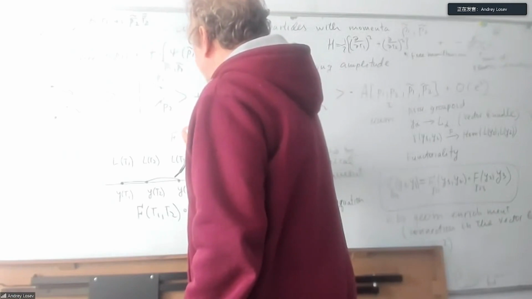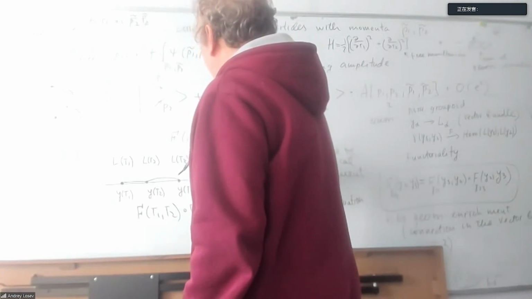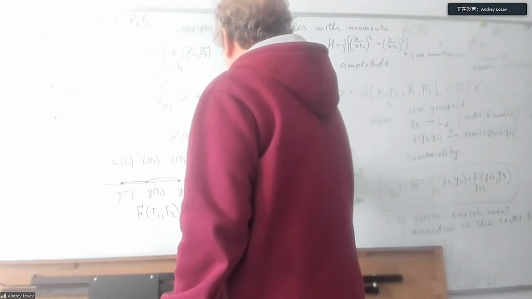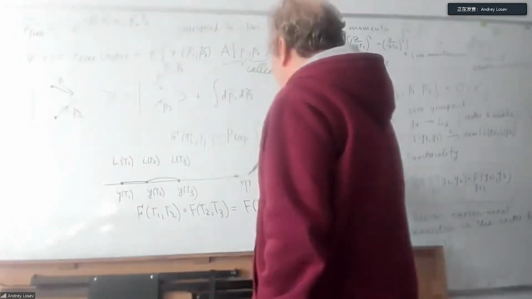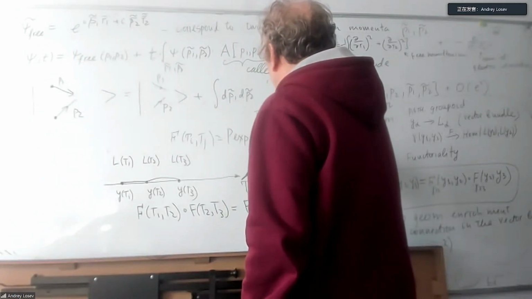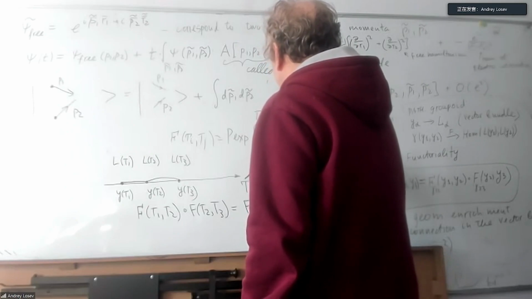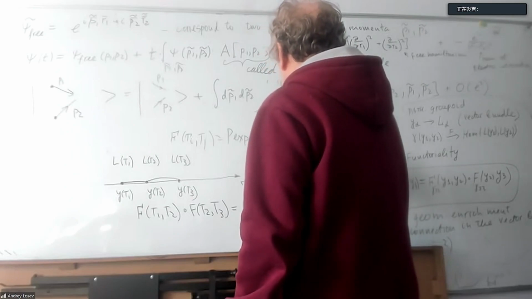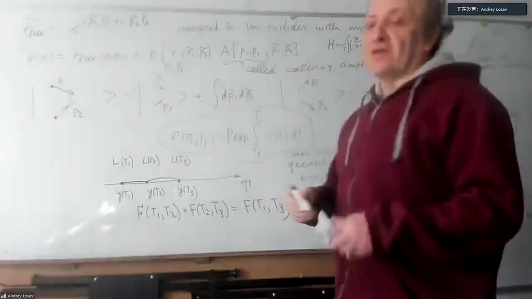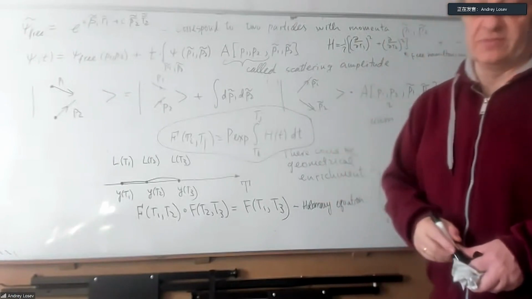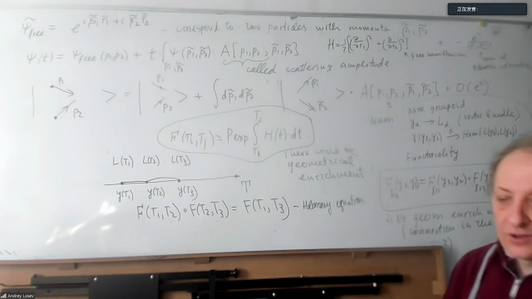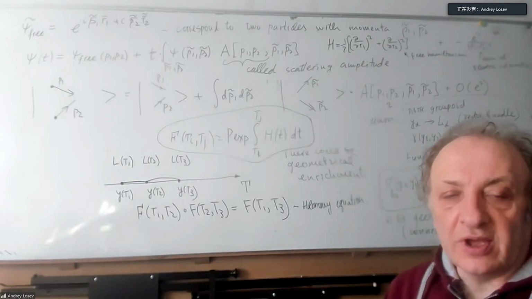And you can solve it by saying that F of ti, tj is a path-ordered exponent of the integral from ti to tj of some H depending on t, dt. And this is the theory of time-dependent Hamiltonian. Okay?